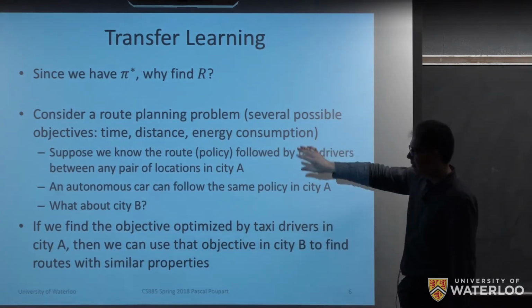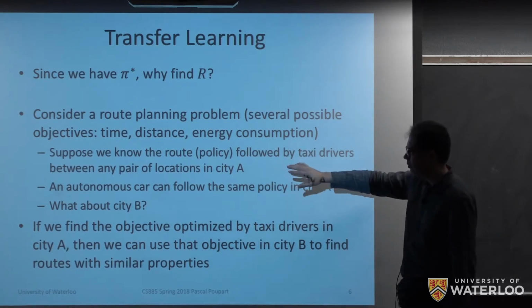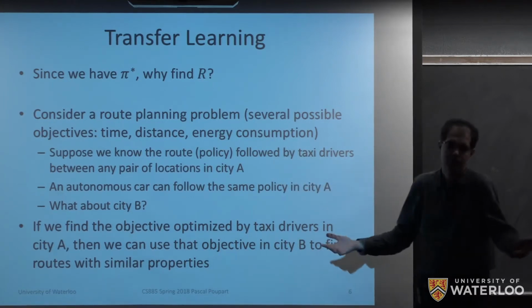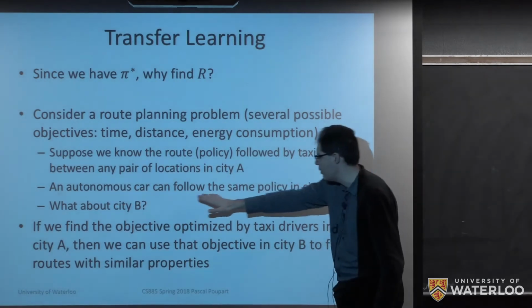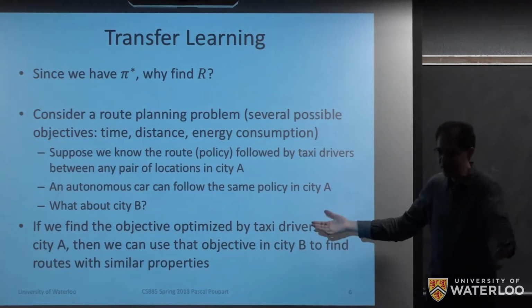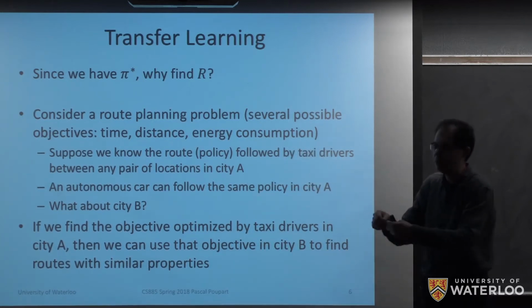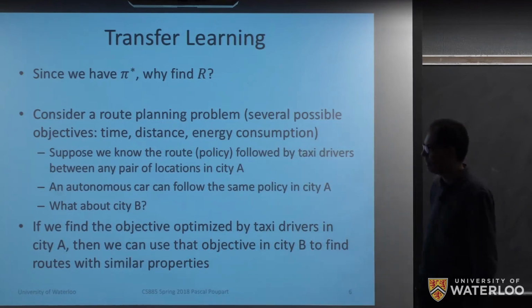Okay, so now, if we have the route or the policy that's followed by a taxi driver or many taxi drivers for any pair of locations in city A, then it should be easy to just have an autonomous car follow the same policy in city A, because we already have the optimal route, or at least some good route based on what taxi drivers do.